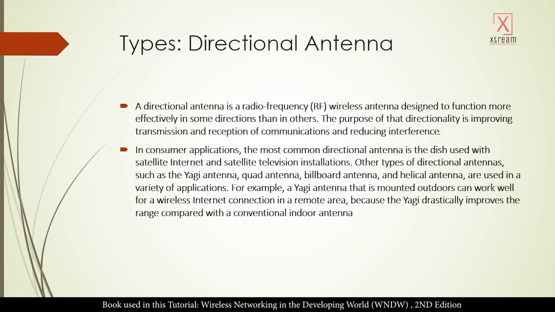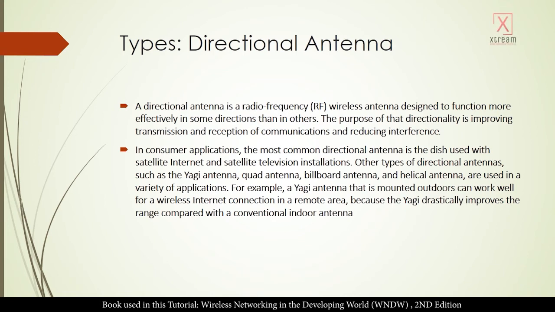In the coming presentation slides, we will see examples via graphical pictures. There are other types of directional antennas such as the Yagi antenna, quad antenna, billboard antenna, and helical antenna. All these antennas are used in a variety of applications for different purposes.